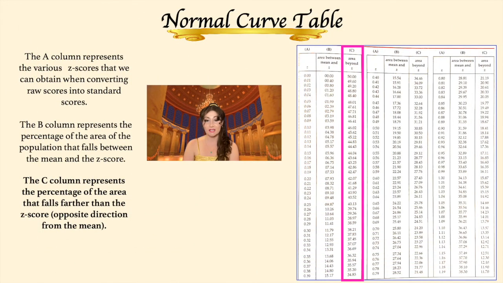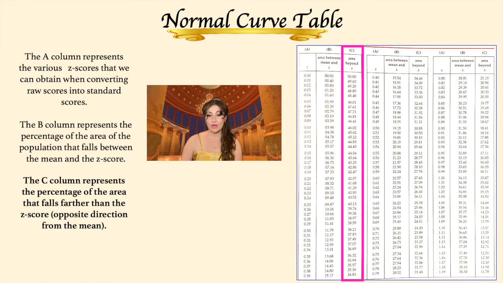The C column represents the percentage of the area that falls farther from the z-score. In other words, it's going the opposite direction of the mean, because the distance between the z-score and the mean is given to us by the B column. You can think of the C column as being away from the mean.